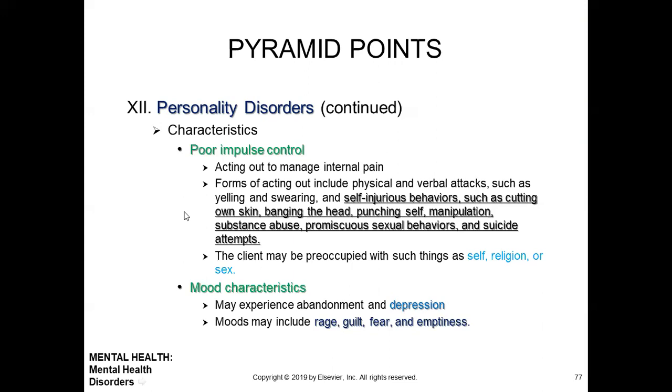The forms of acting out include physical or verbal attack, self-injurious behavior such as cutting their skin, banging their head, punching themselves, or manipulation or substance abuse. Also promiscuous sexual behavior or suicidal attempts.